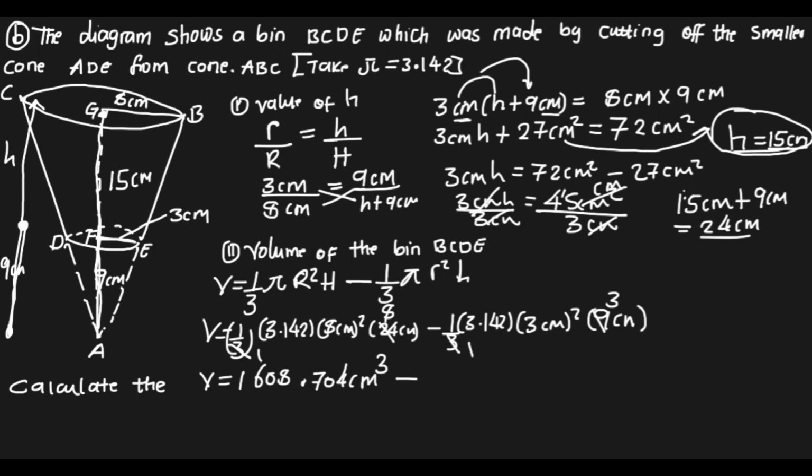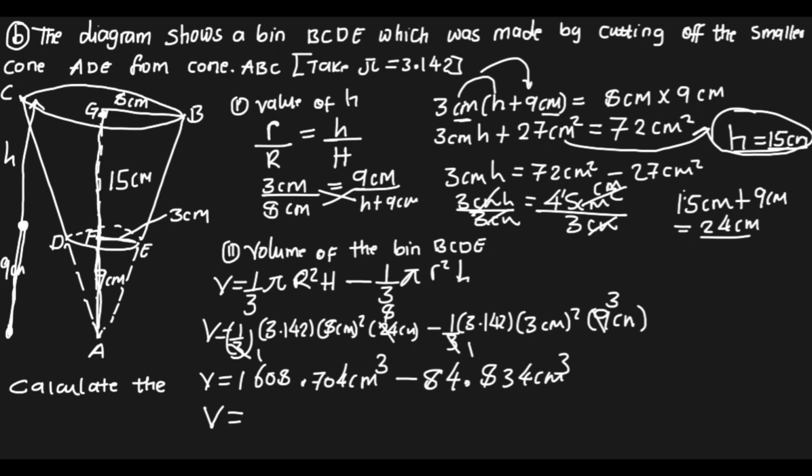3 into 9 is 3. So here we have 3.142, then times 3 squared is 9, times another 3. So I'm getting 84.834 cubic centimeters. So let's subtract this now from the 1608.